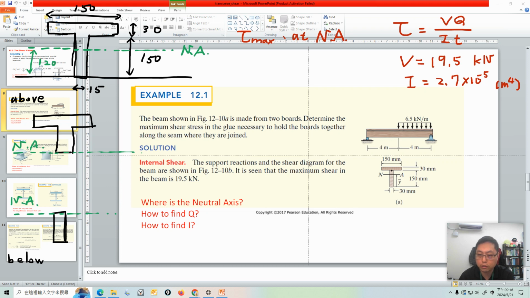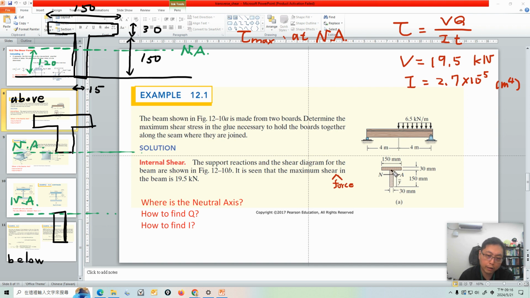Example 12.1 gives you the maximum shear force of the beam, which is 19.5 kilonewton, and then it wants you to calculate the shear stress at this position, which is the joint of these two boards.